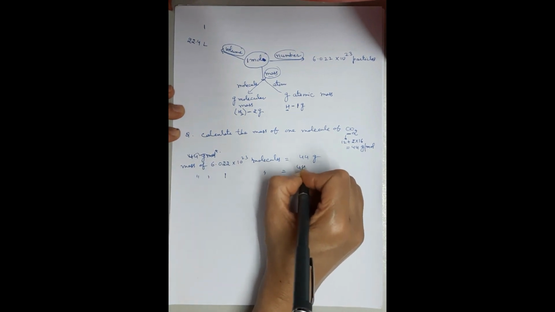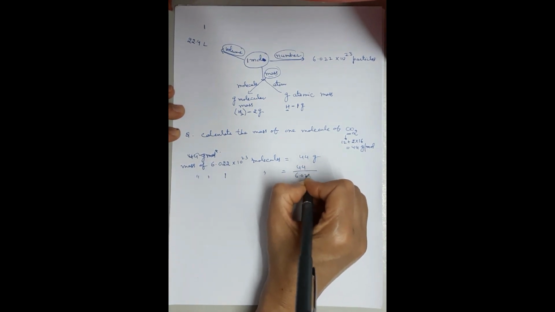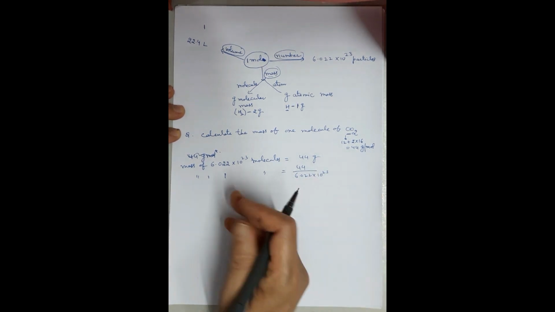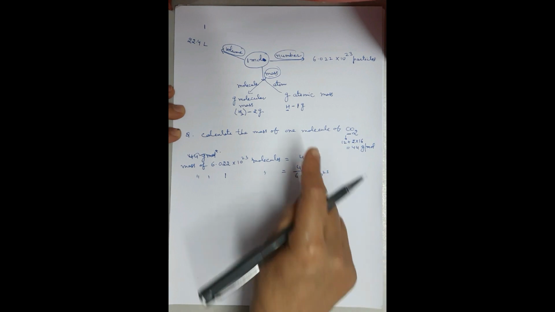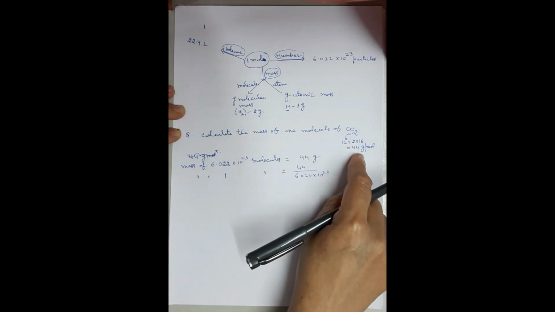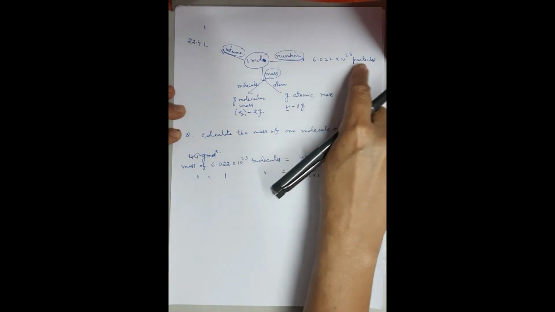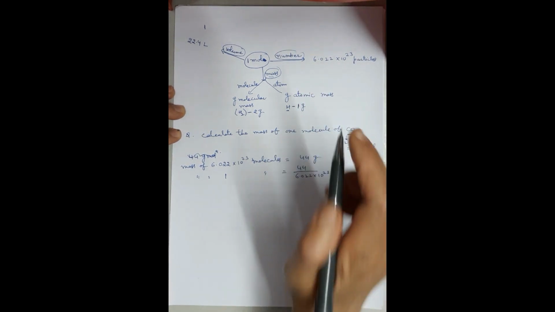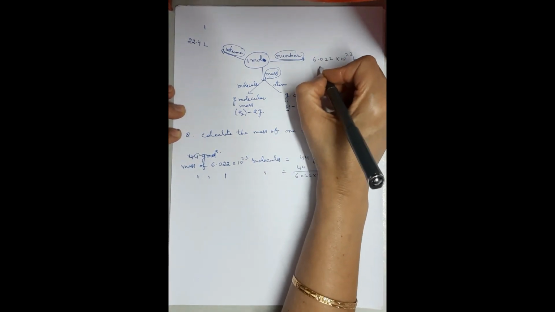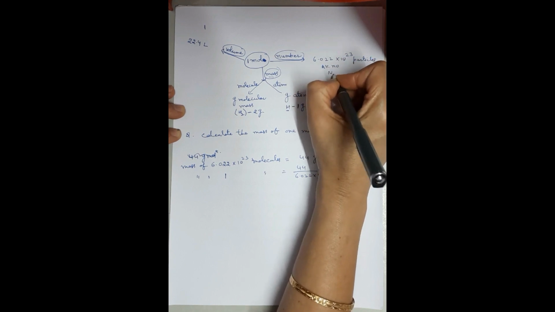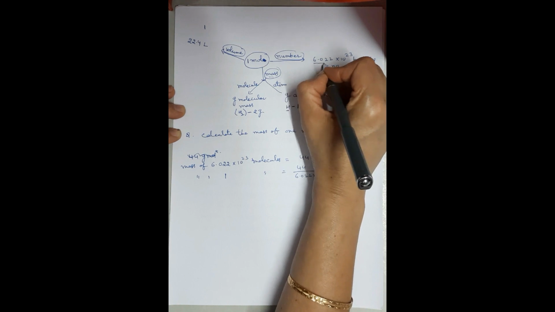It is 44 divided by 6.022 into 10 raised to power 23. So in this way you can calculate the mass of one molecule, because molar mass is the mass of these many particles, these many molecules. This number is also called Avogadro number, which is represented by Na. This is a magical number.